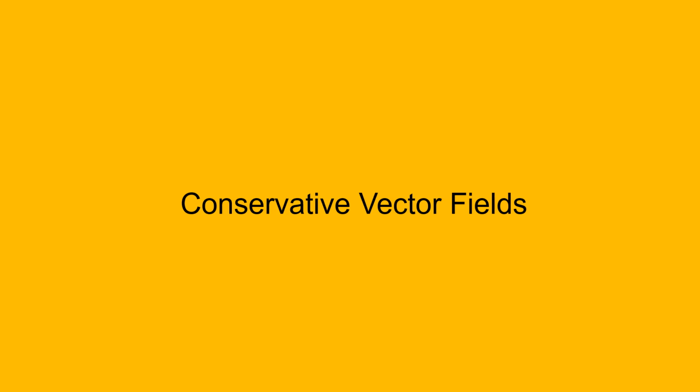Next, let us talk about a conservative vector field. Not all vector fields are conservative. Only a few vector fields will be conservative. So let us see what is the definition of a conservative vector field, and is there any easy test to verify whether a vector field is conservative or not.